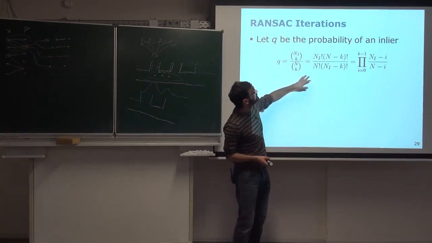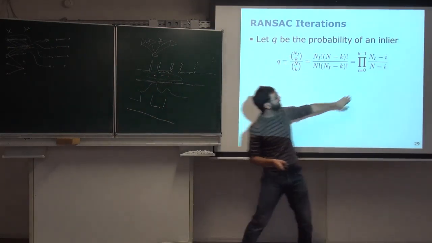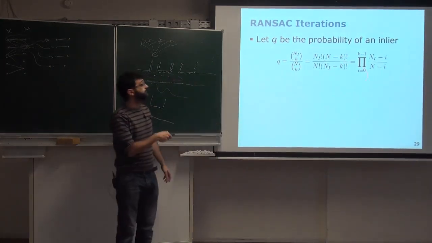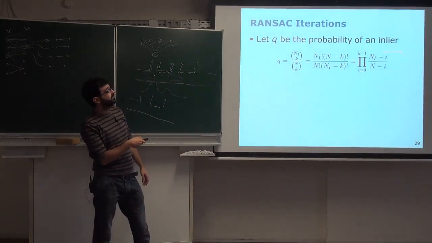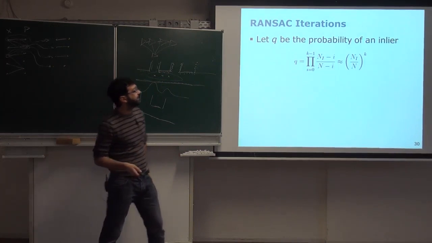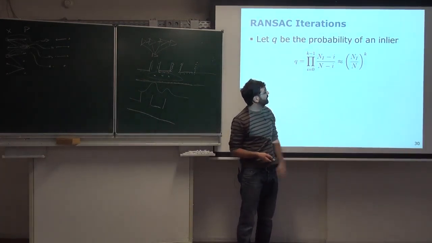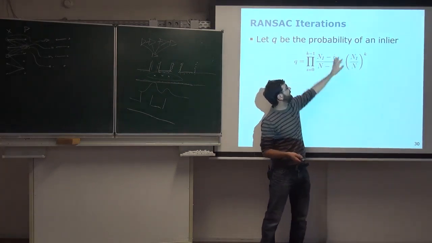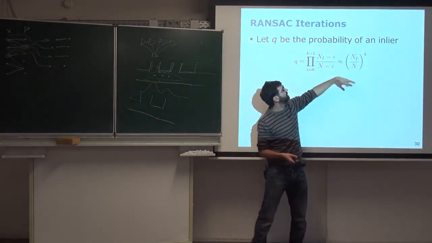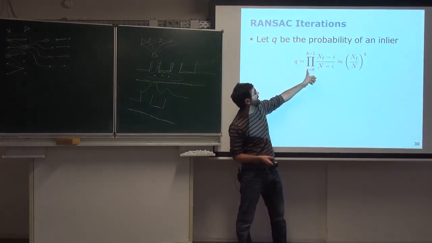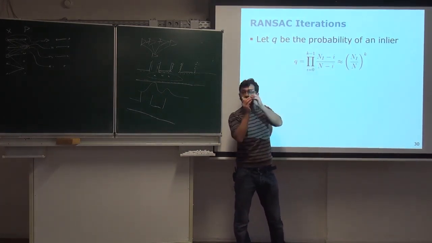If you just expand this, you end up with the real formula for getting this Q, but we can actually approximate it. In this way, we just take the ratio, so the I we just don't consider it. If n is very large here, I is close to 0, so I have a very small sample set.